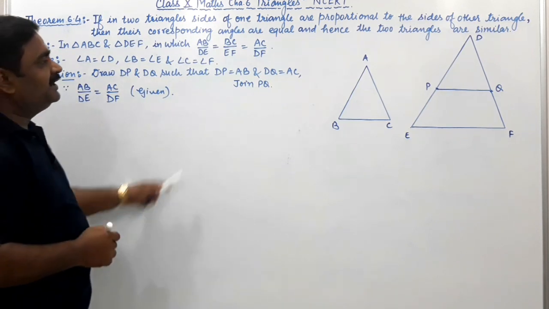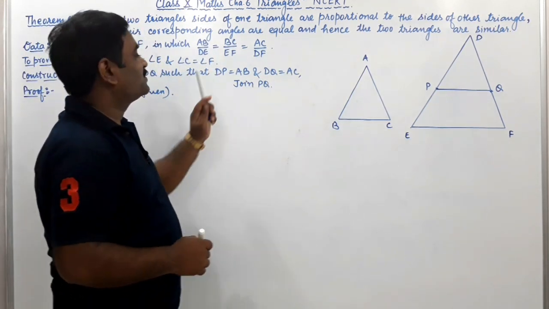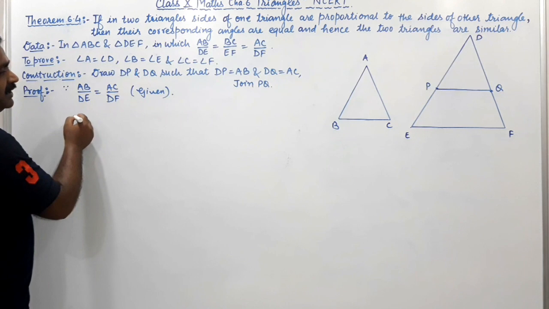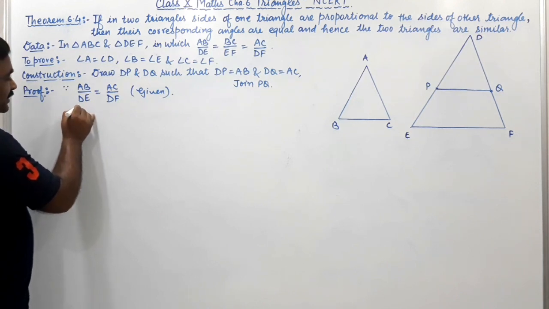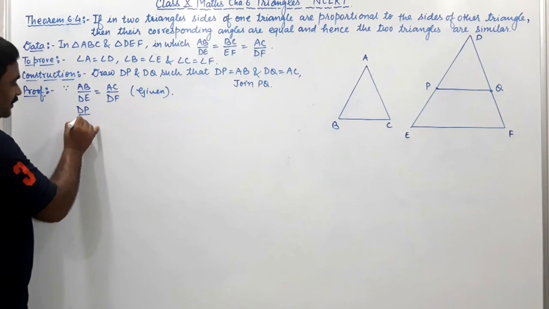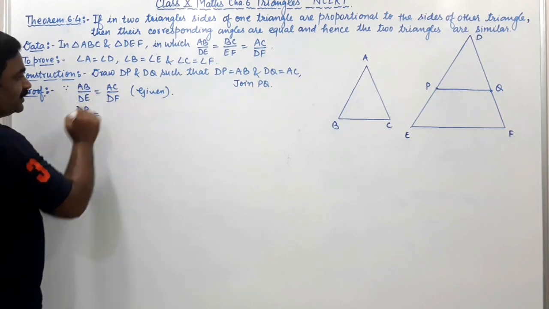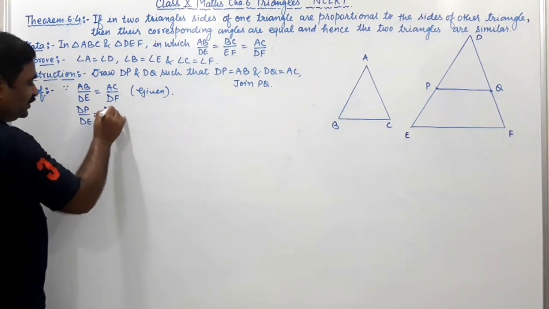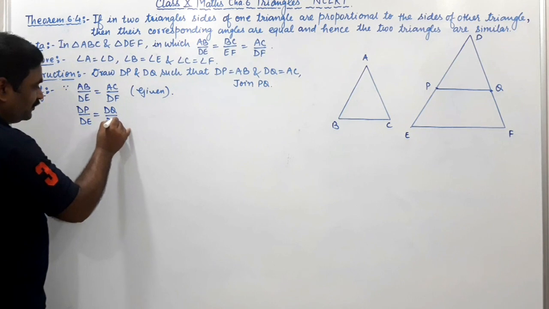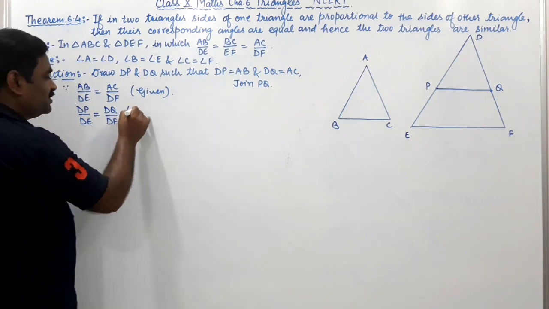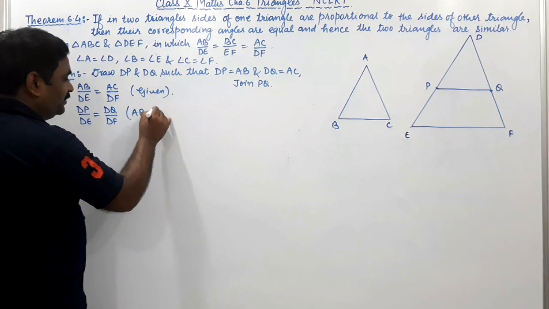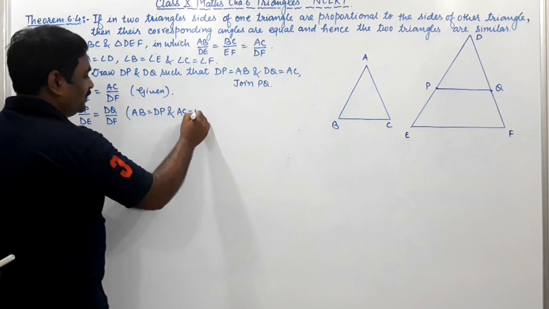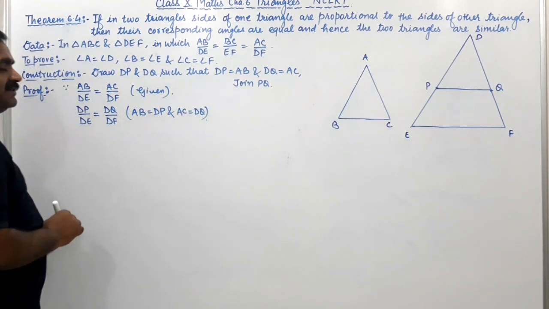As you know that AB is equal to DP by construction. So in place of AB you can write DP. So DP upon DE equals DQ upon DF. Why have you written this? Because AB is equal to DP and AC equals DQ. By construction you have done it, right?